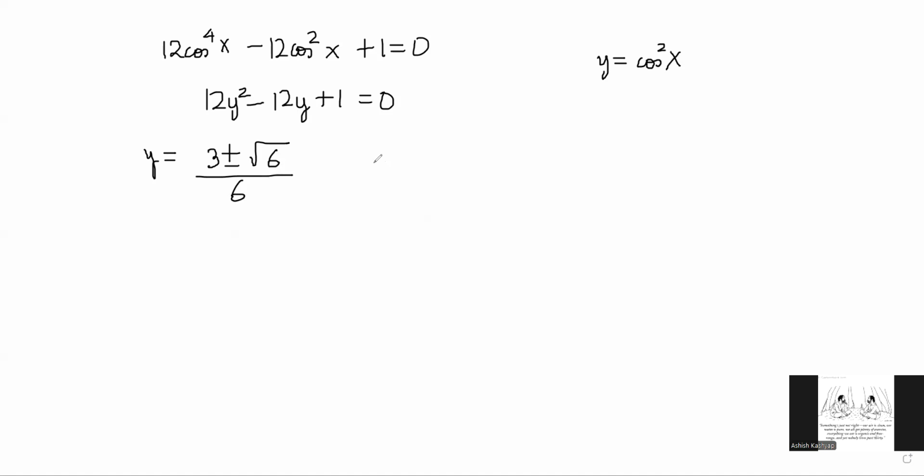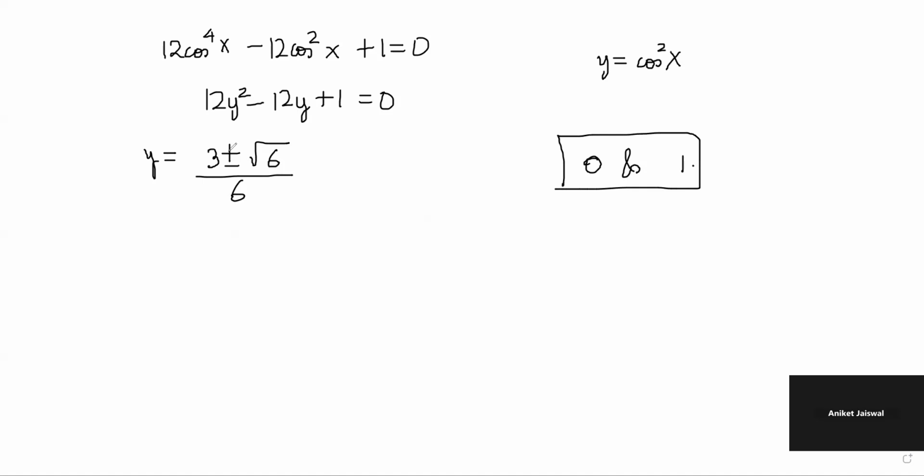Both the roots are between 0 and 1, yes, plus also and minus also, right? Yes, sir. The roots should be between 0 and 1 because y is cos square x.